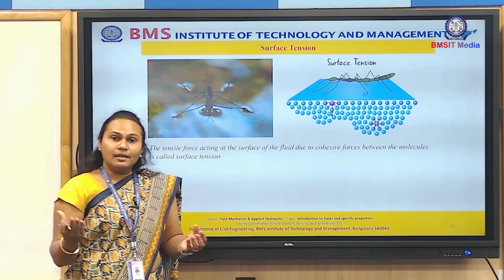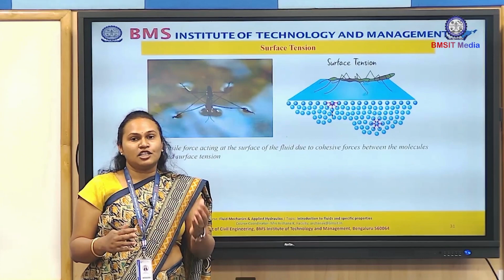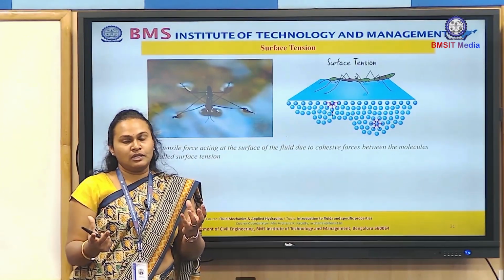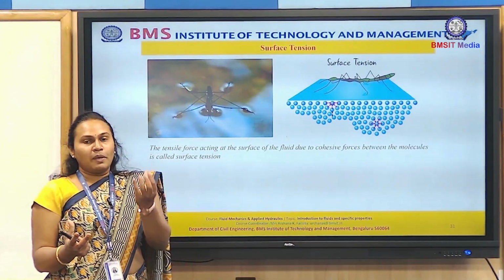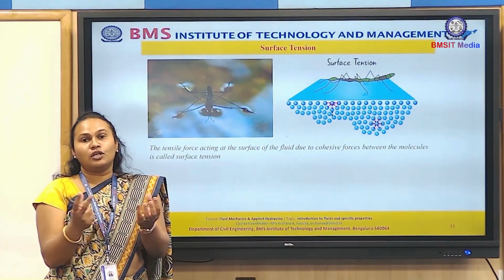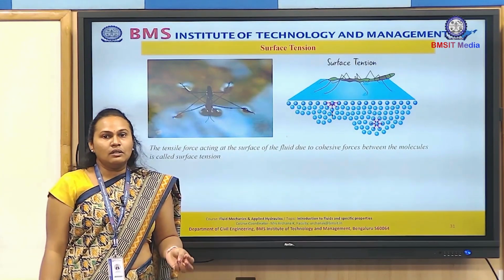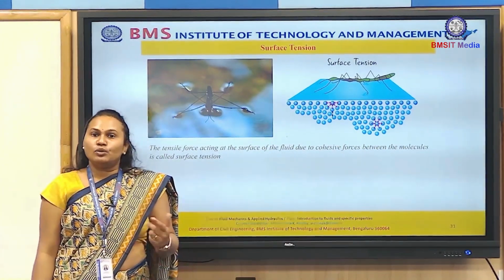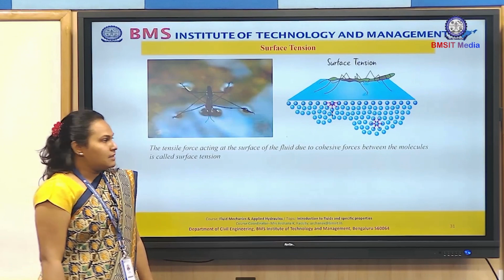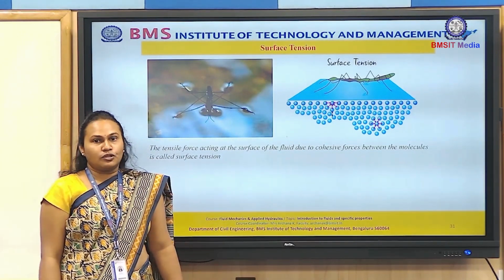Another property is adhesion. Adhesion is the attraction between two different molecules, like attraction of a paper molecule with water is an adhesion. It's not a cohesion. So cohesion is attraction between the same molecule, and adhesion is attraction between two different molecules. That's why surface tension is a cohesive force.